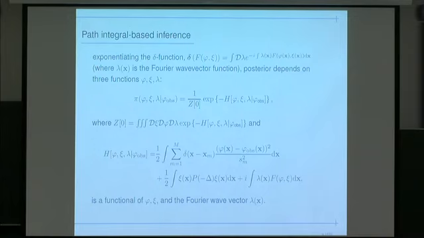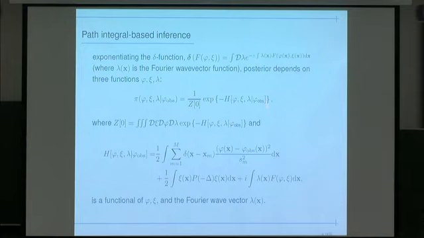And this H is the total information Hamiltonian, if you will. And now it's a function of three variables: the two that are constrained, this Lagrange function, and the observed data.